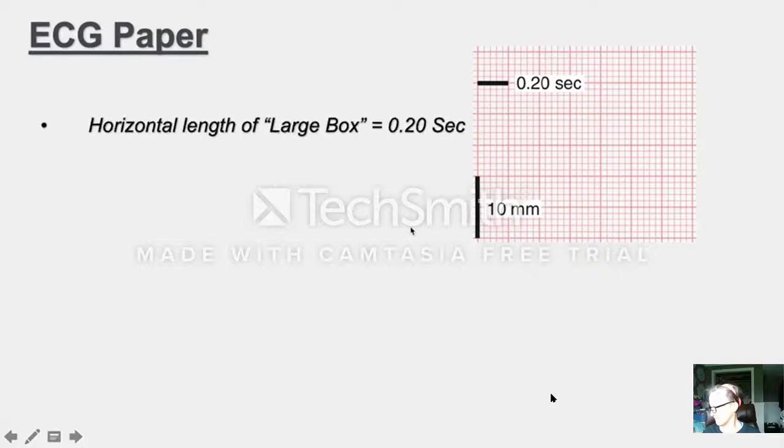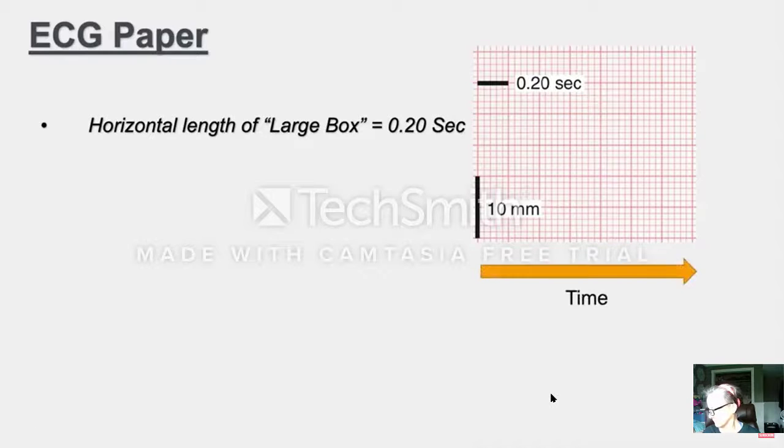If we were to take a close-up look at ECG paper, we would see that it is made up of many small boxes that are grouped within larger boxes, and each of these larger boxes is a grouping of 5 by 5 of these smaller boxes. The horizontal length of each large box is 0.2 seconds of time.